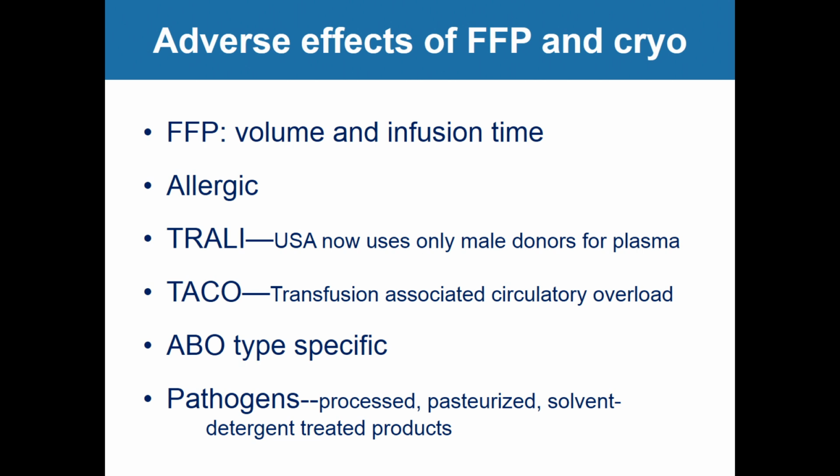FFP and cryo are not pasteurized or solvent detergent treated products. The pathogenicity of FFP and cryo is pretty minimal these days, with good separation of white cells, which are usually responsible for transmitting disease. Donors are carefully screened, but nonetheless, there is concern for pathogenicity of FFP and cryo.